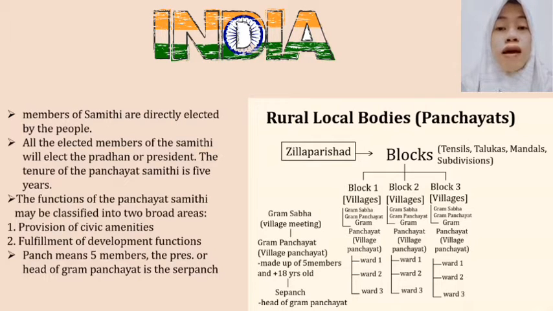The fulfillment of development functions comprises the following, such as execution of all programs under community development, multiplication and distribution of improved seeds.